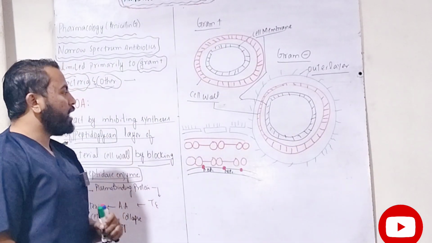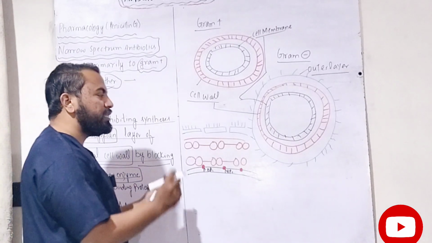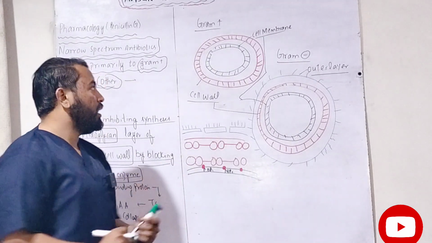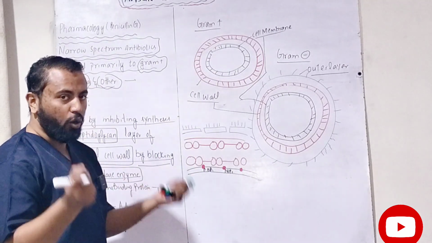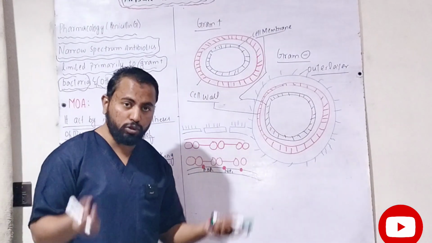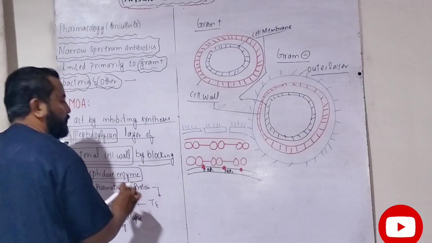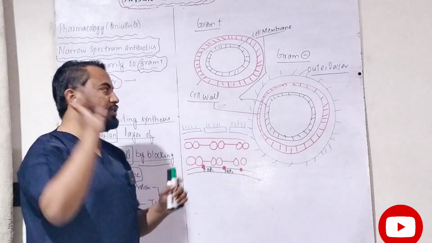So now we can discuss gram positive and gram negative. What is the role of penicillin in this? In this lecture we see how penicillin reacts and how it is produced. At the end, I can show you the different medicinal effects of penicillin.